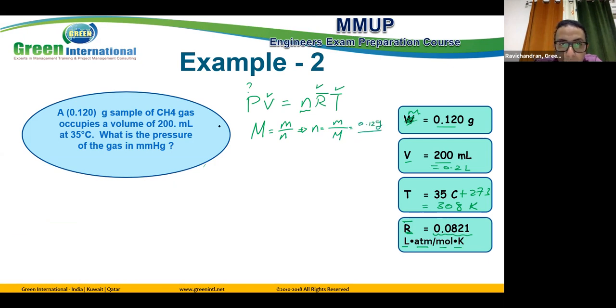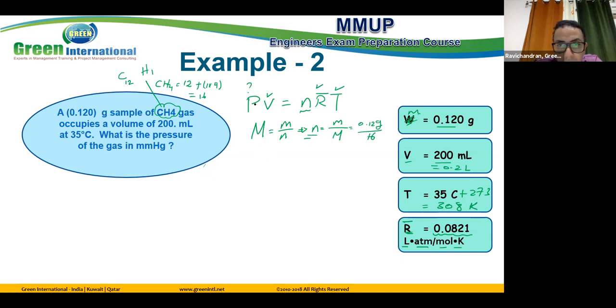What is M? It's not given, but if you check the type of the gas, we can find it. We know carbon is 12 and hydrogen is 1. So CH4 means 1 carbon, 12, plus 4 hydrogen, 4. So the molar mass is 16. So we have n now.